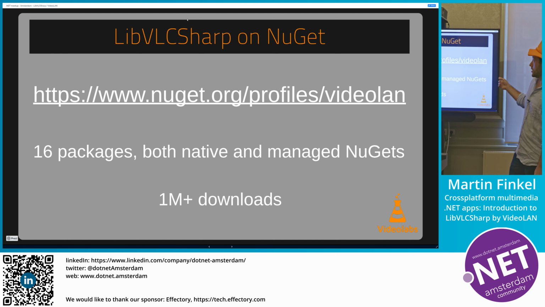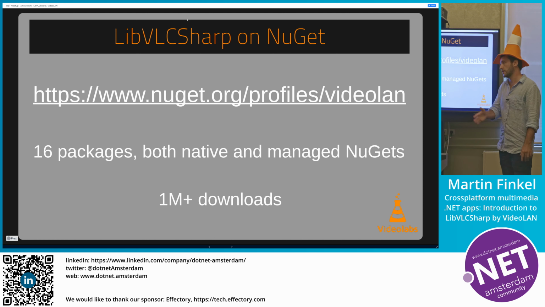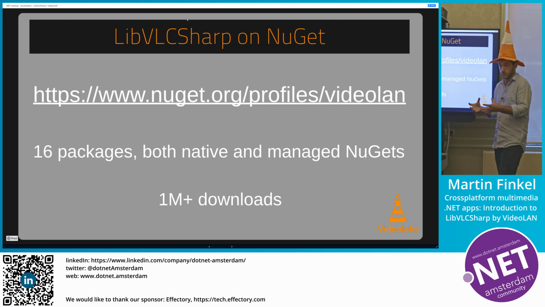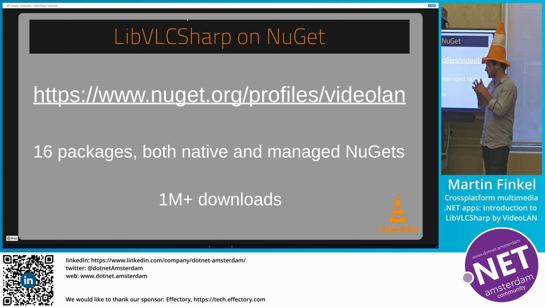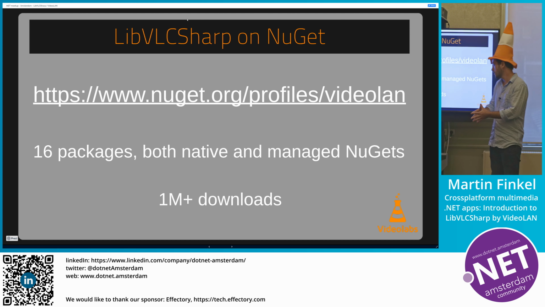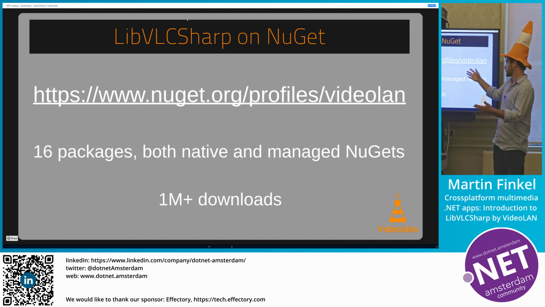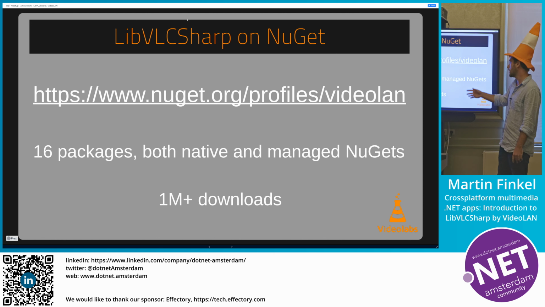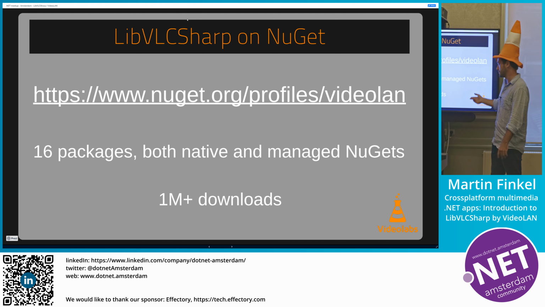This is the page where all the packages are. There are 16 of them. Those that are named VideoLAN.LibVLC.something are the native ones. So they contain the LibVLC engine compiled for that specific platform. And then you have the LibVLCSharp dot something. So LibVLCSharp.WPF, for example, contains the video view for WPF.